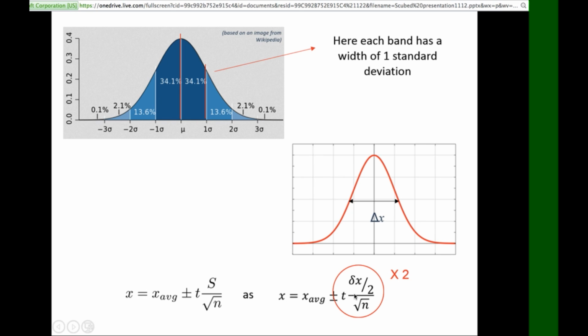Remember, the plus or minus means I'm dividing the total error into 2, half before the actual value and half after the actual value. So the total error is written as t delta x on root n.